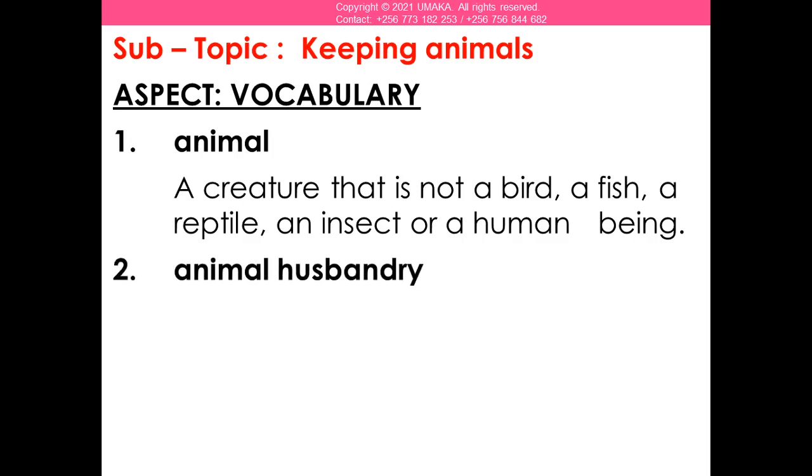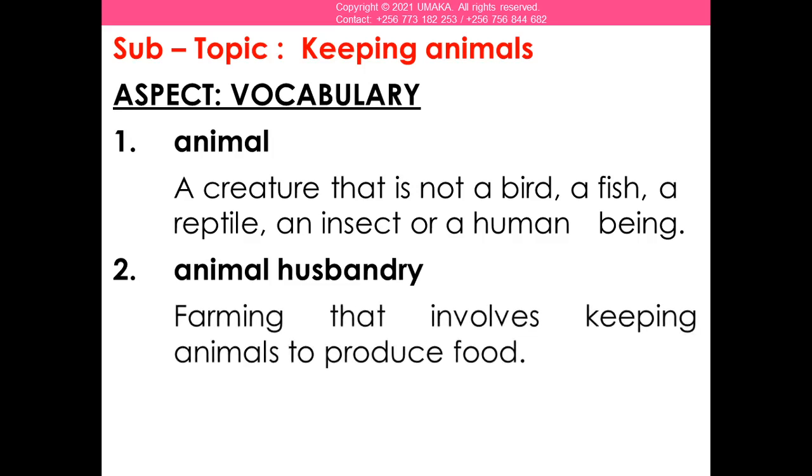Two, we have animal husbandry. Everyone say animal husbandry. This is farming that involves keeping animals for food. One can say, teacher, can we have farming at the same time as talking about animals? Yes.